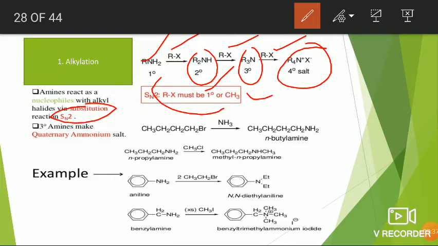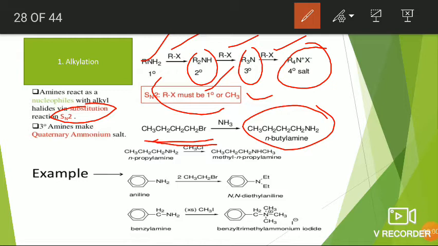Take a specific example: alkyl halide undergoes reaction with ammonia and forms a primary amine. It is ammonolysis. For example, N-butyl bromide reacts with ammonia to form N-butyl amine.